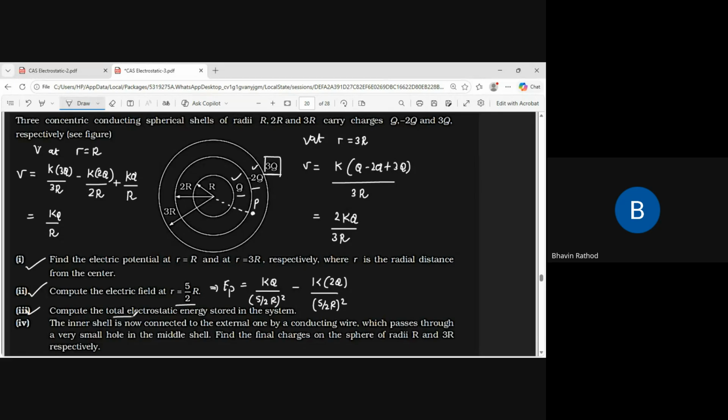We want to find the total potential energy of the system, which means it's a combination of self energy plus the interaction energy. I think that is important here, so let us do that. This is U1, the self energy, plus U2, which is the interaction energy.